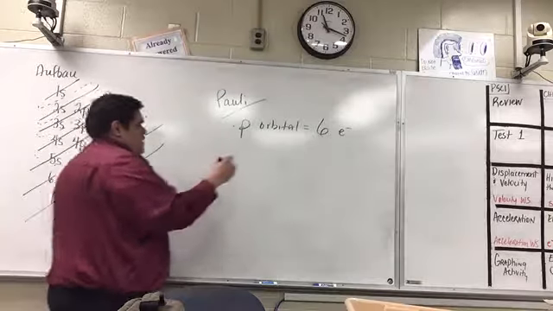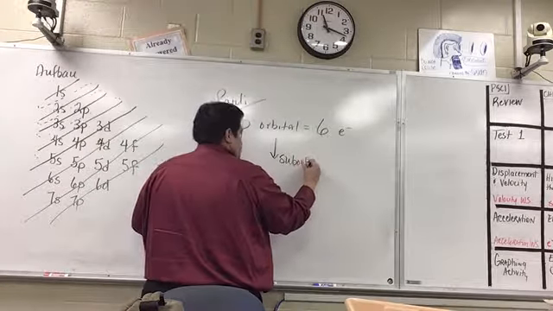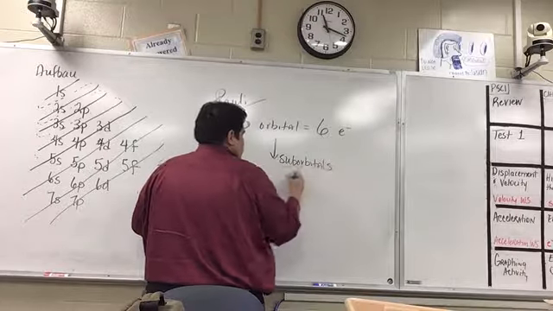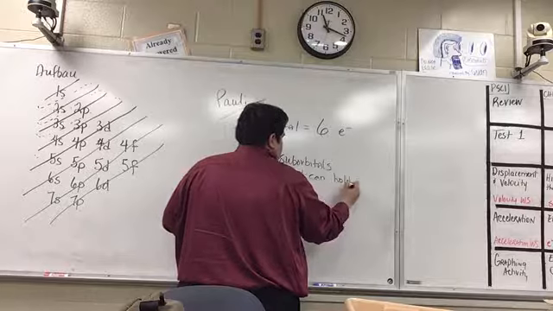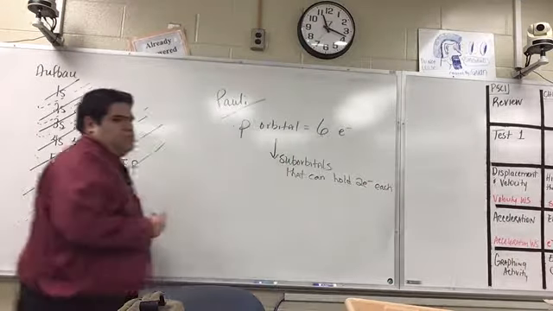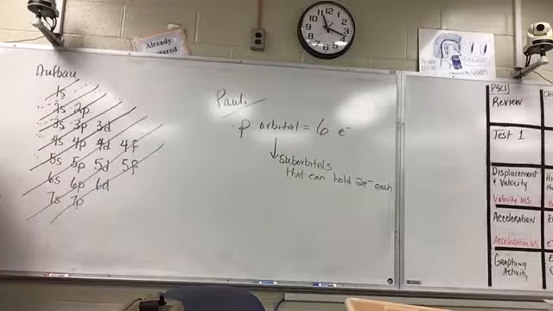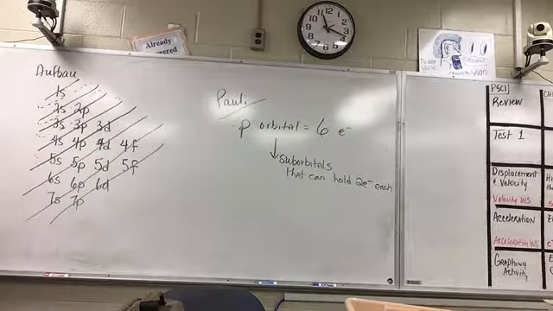It says that in this orbital, there are suborbitals that can hold 2 electrons each. Kind of like in my classroom, I have other rooms. All right? But those other rooms are not as big as my classroom. But they make up the classroom.